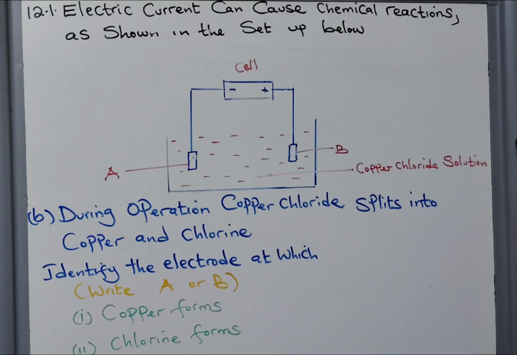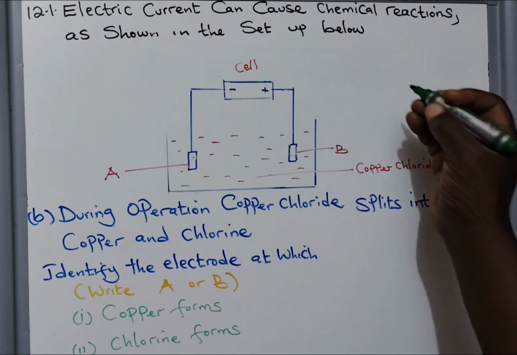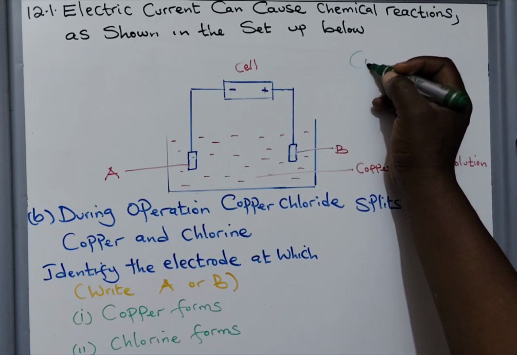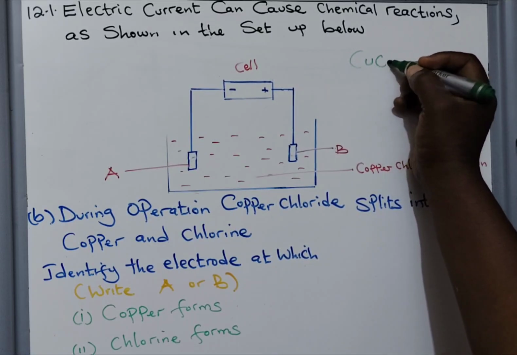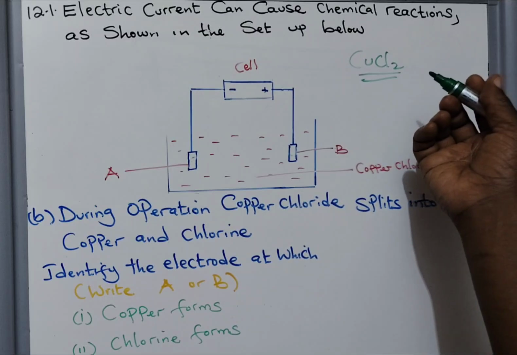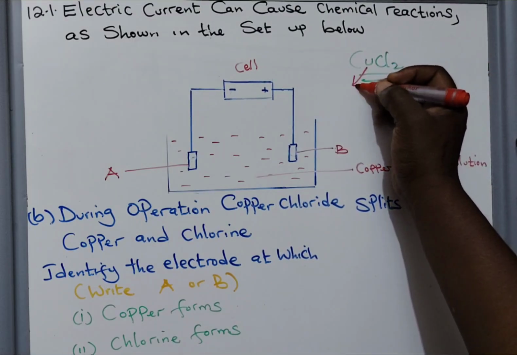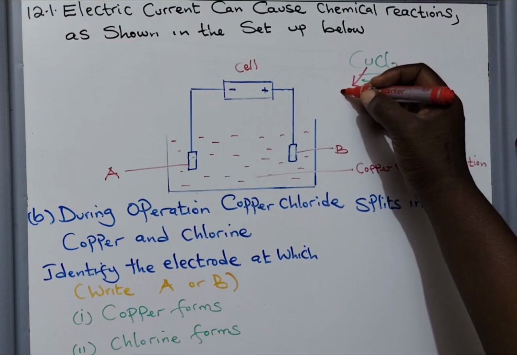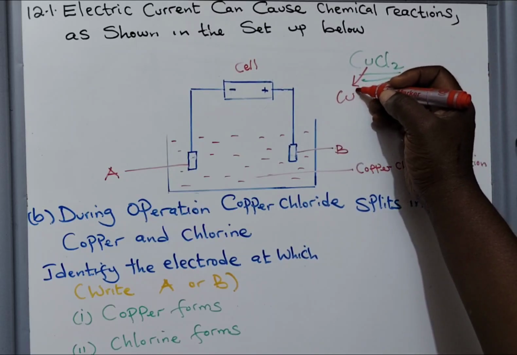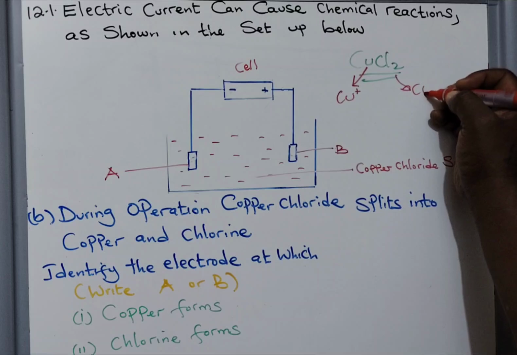This is what you have to know. You have to know that copper chloride has copper and chloride. We'll know the formula later, but it's made up of copper combined with chlorine. So this is copper. Now you have to know that copper is positive and chlorine is negative.